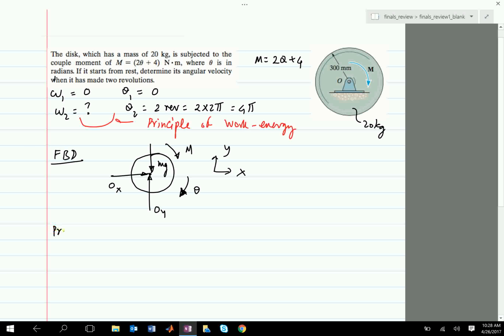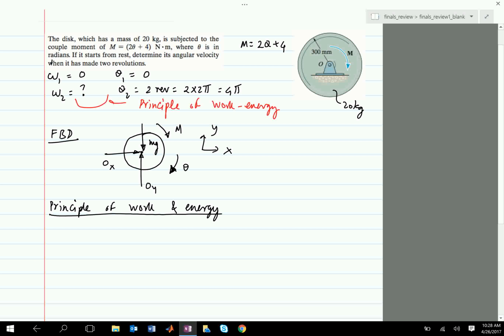Okay, so principle of work and energy states that, for the disk, T1 plus summation U12 is T2.